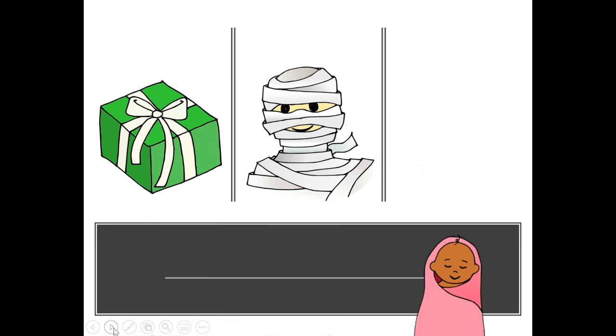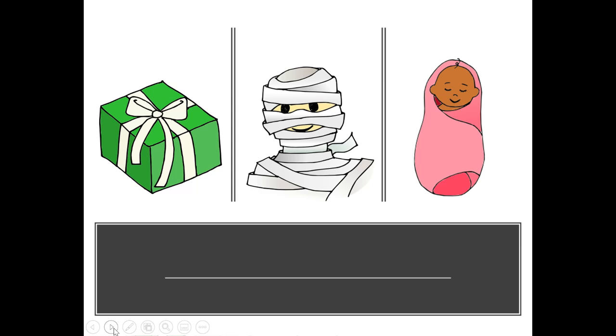Next group of pictures, what do you notice or see? I notice or I see. Well, in the first picture, I noticed a present that's wrapped in green paper with a bow. In the next picture, I notice a mummy that's wrapped in cloth.